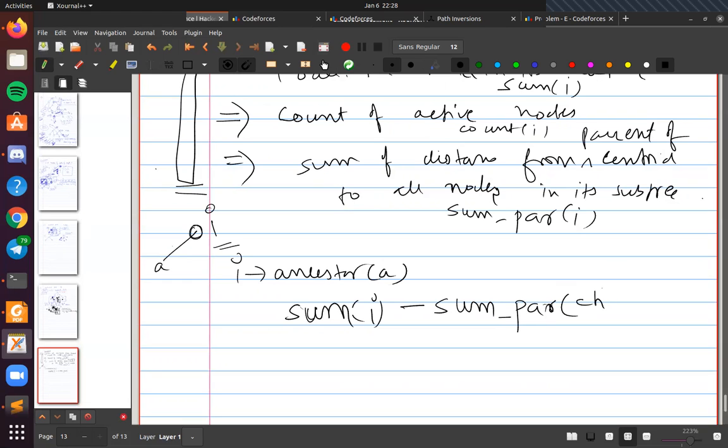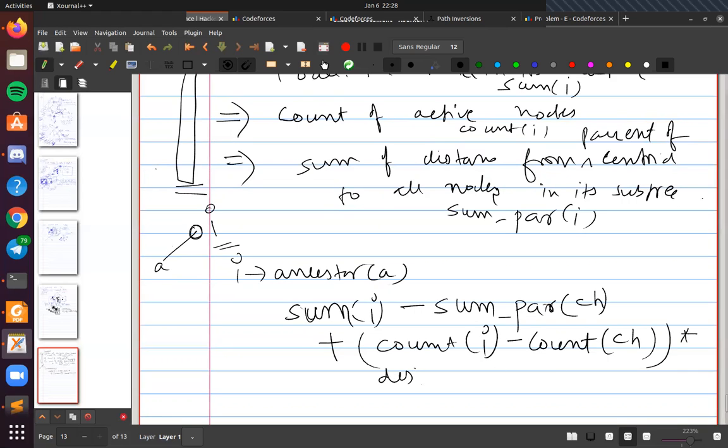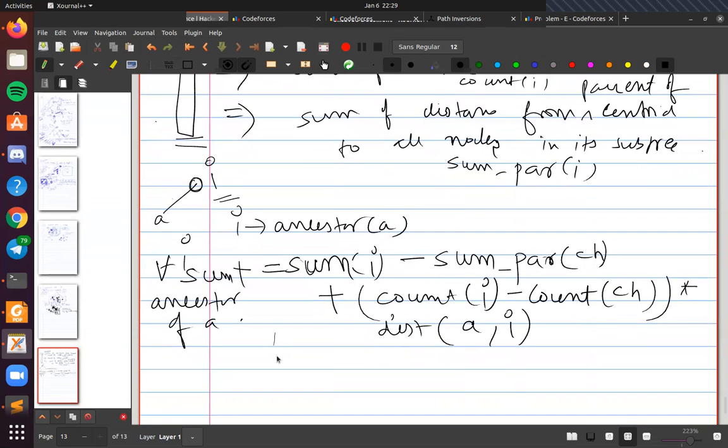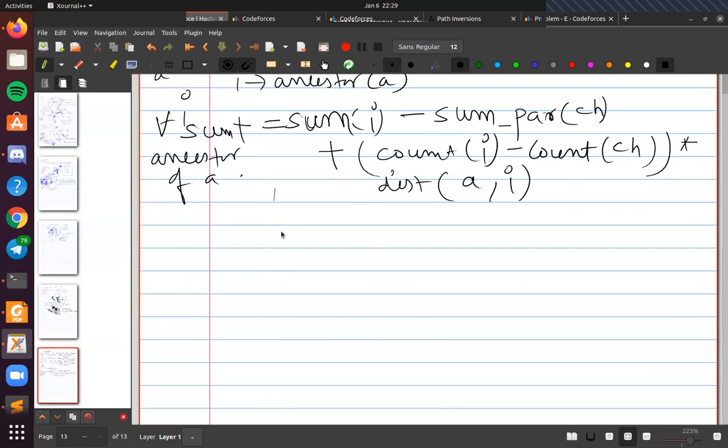So let it be ch, plus count of I minus count of ch, into distance from A to I. So add this sum for all I which are ancestors of A. This will give you the sum of distances of all nodes which are currently present in the tree.